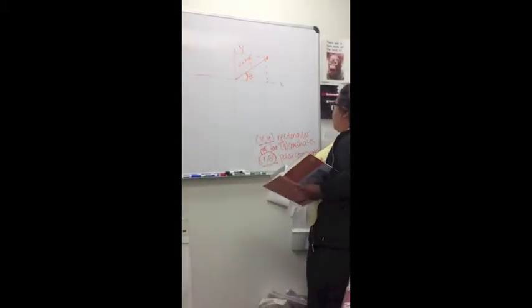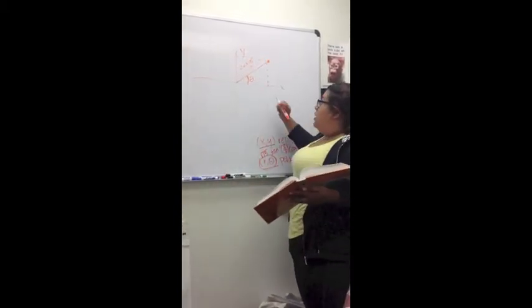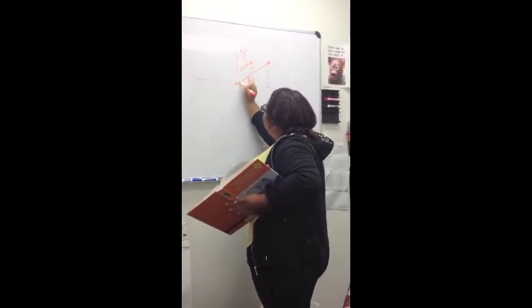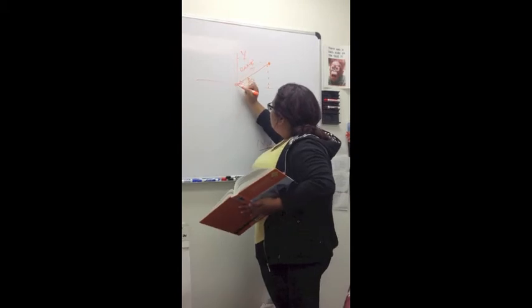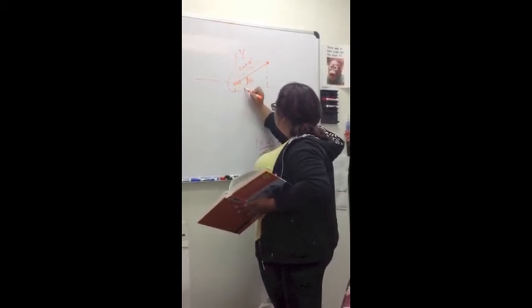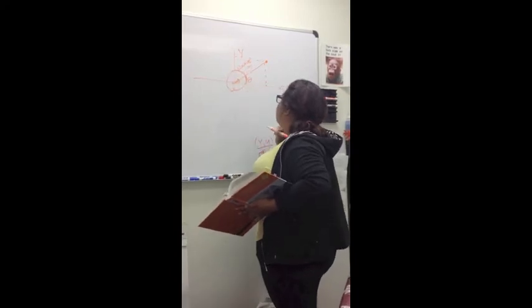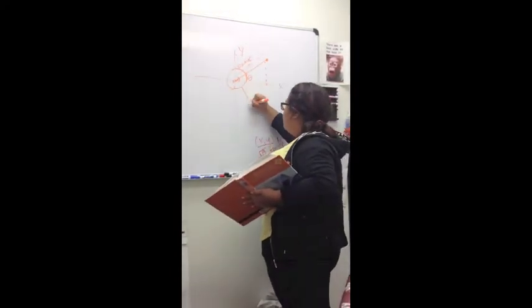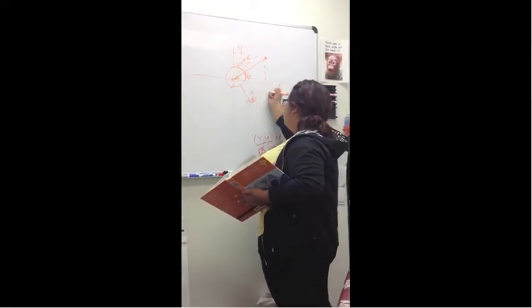Now, for polar coordinates, it's very different. You're going to be creating a circle within the 0, 0. It's a circle. And as we know, in a circle we have 360 degrees.